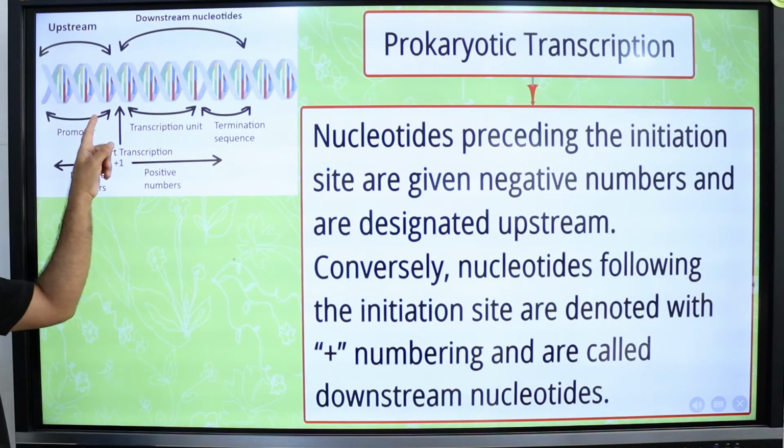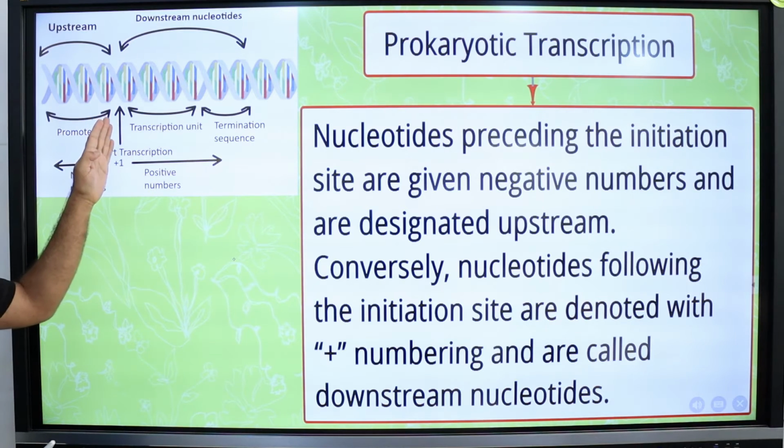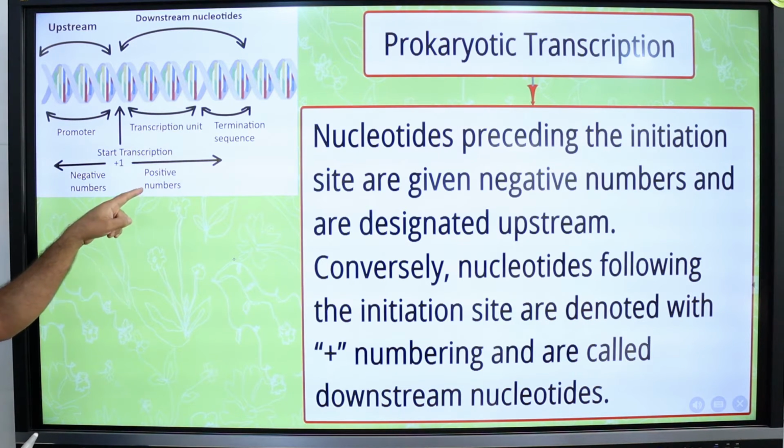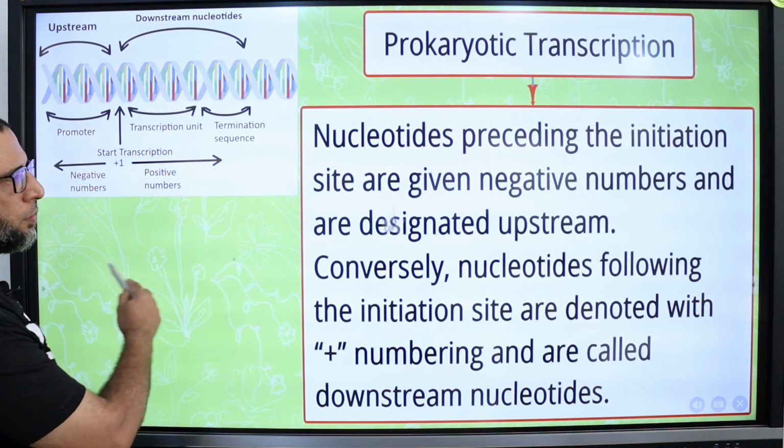The nucleotides preceding the initiation site are given negative numbers and are designated as upstream nucleotides. On the other hand, nucleotides following the initiation site are denoted with positive numbers and they are called downstream nucleotides.